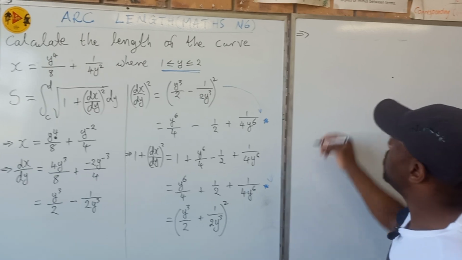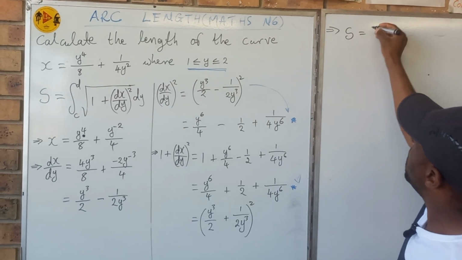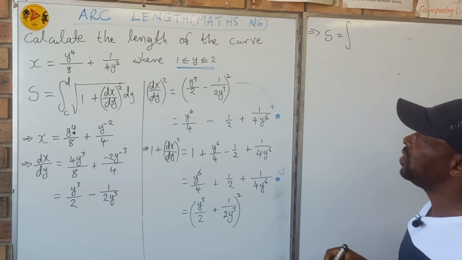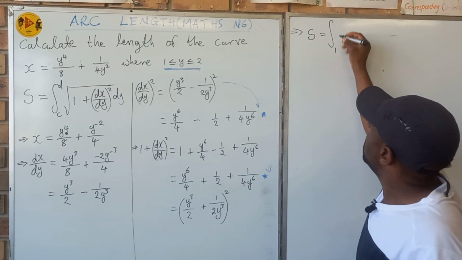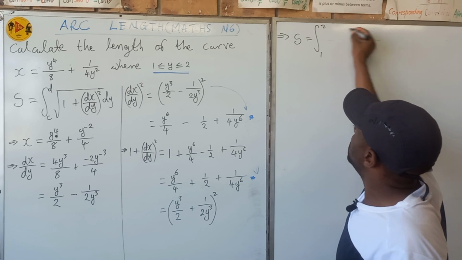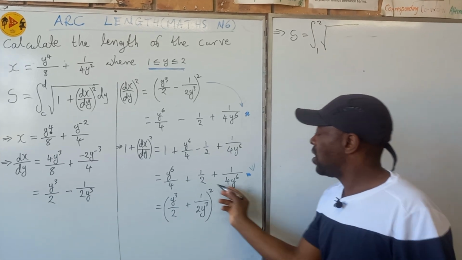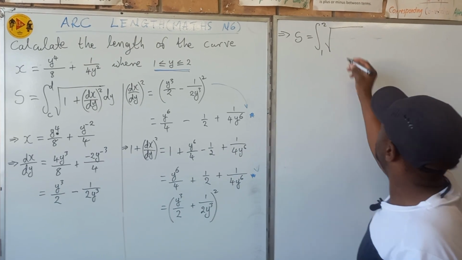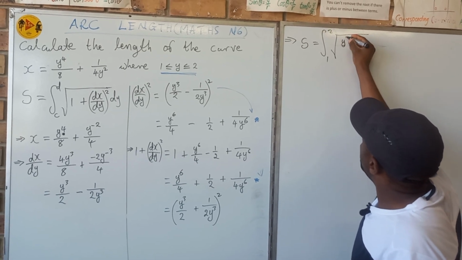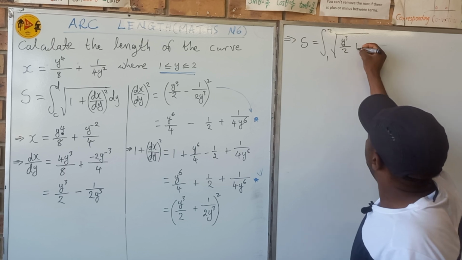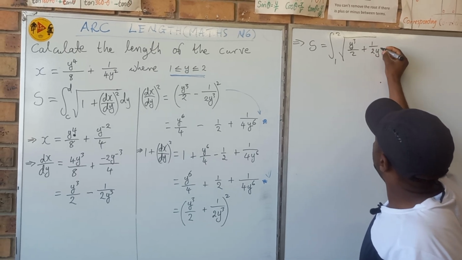So if I go back to my formula, I'll get the integral from c to d. My c will be the smaller number, which is a 1. My d will be the bigger one. Then I'll take the square root of. I will now capture this one under my square root, which is y cubed over 2 plus 1 on 2y cubed.